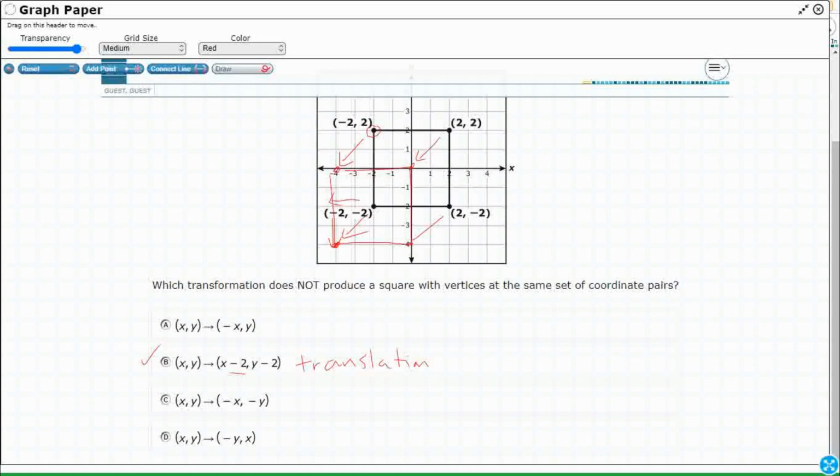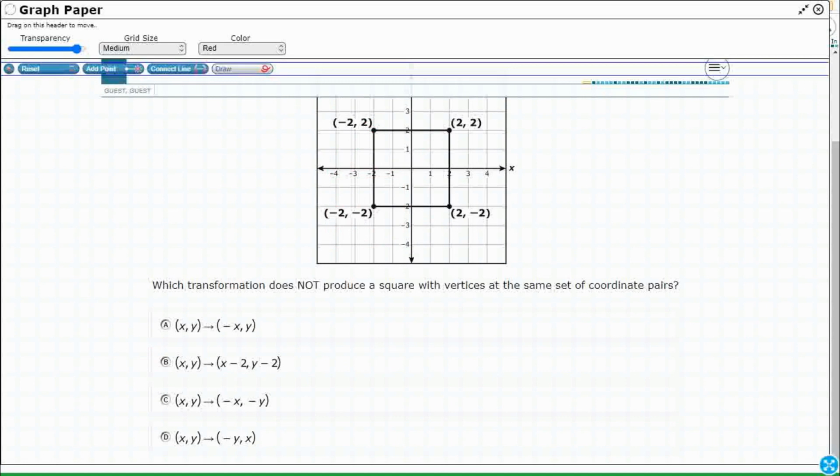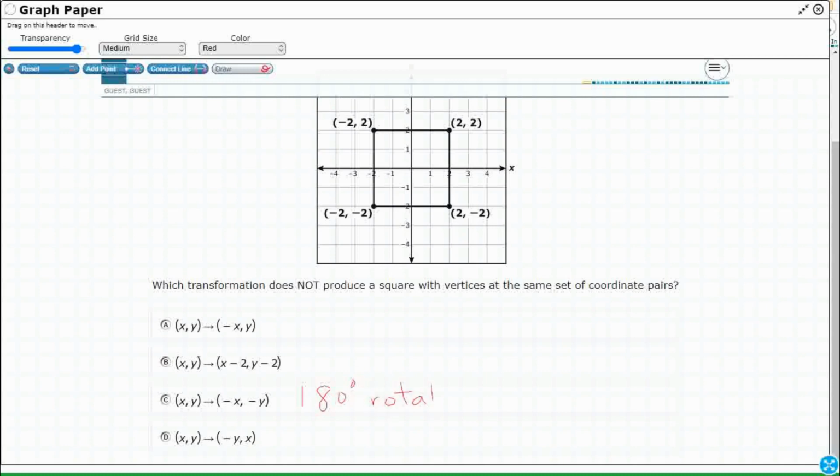But let's just verify that the other two aren't going to shift it too much. I'm doing a negative x and a negative y for C. Hopefully we see that this is a 180-degree rotation. If it's 180, it doesn't really matter if it's clockwise or counterclockwise. It's halfway around. So I'll take this 2, negative 2, and apply the negative x, negative y.